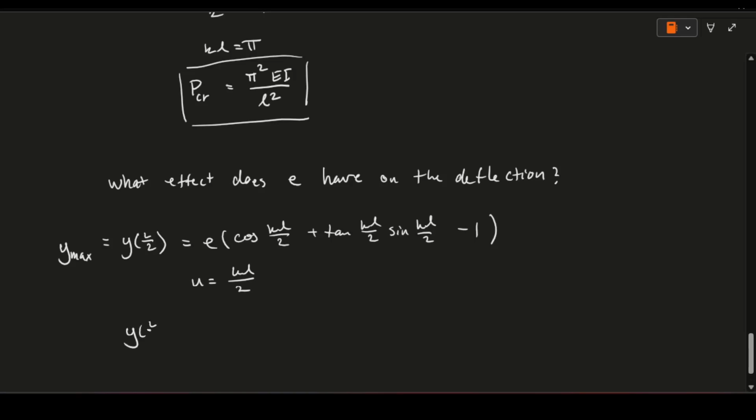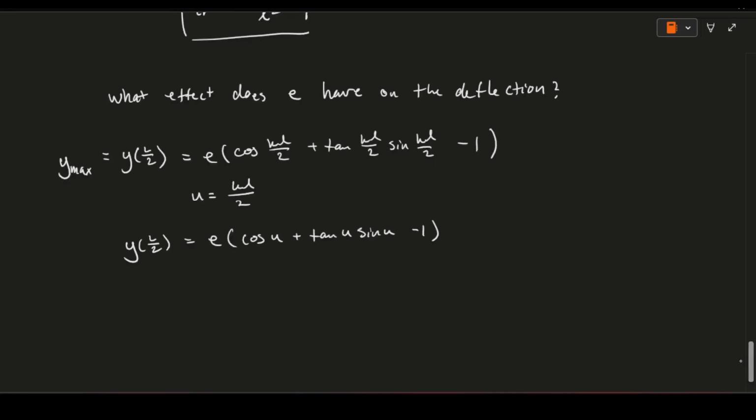So y at L half is equal to e times cosine u plus tangent u sine u minus 1. We can say that the maximum deflection is equal to delta.